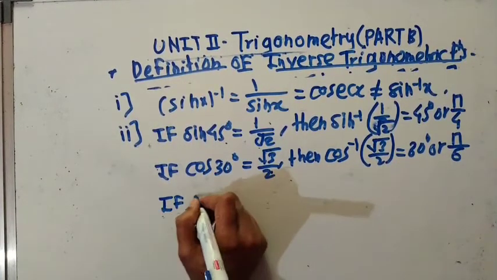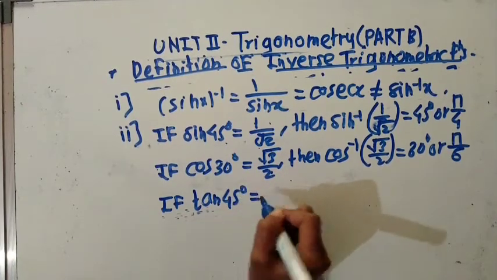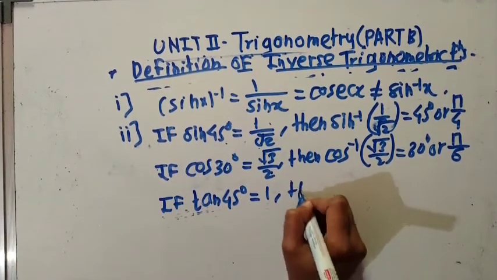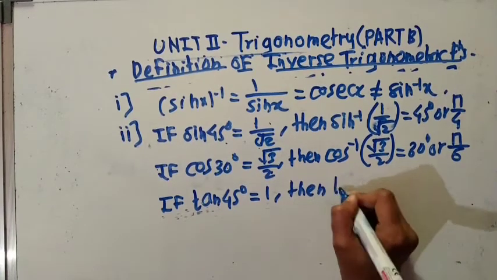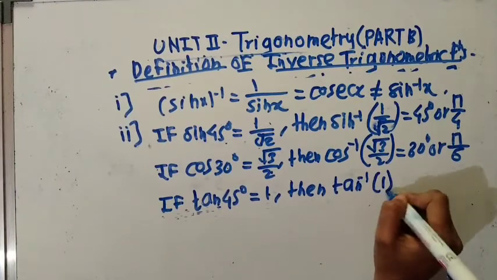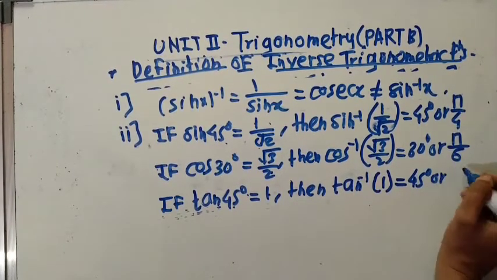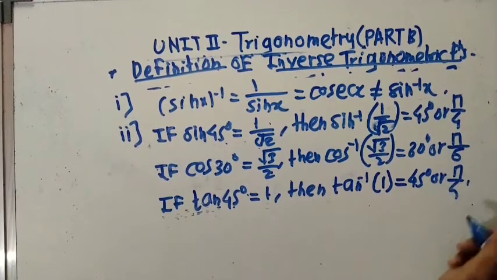Then if tan 45 degrees is equal to 1, then tan inverse of 1 is equal to 45 degrees, or pi upon 4.